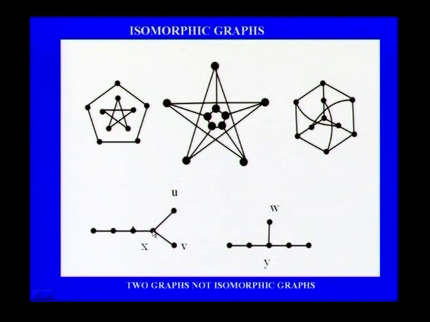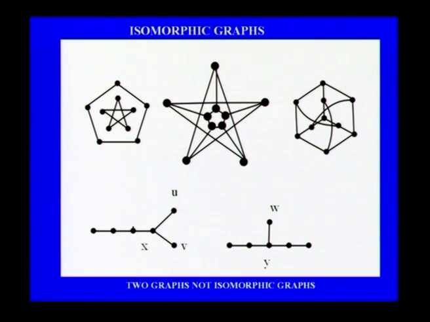So, this x should correspond to this y, and y has only one pendant vertex near to it. There is only one pendant vertex attached to it like this, whereas here there are two pendant vertices u and v attached to this. So, the structure is different. So, these two graphs are not isomorphic.